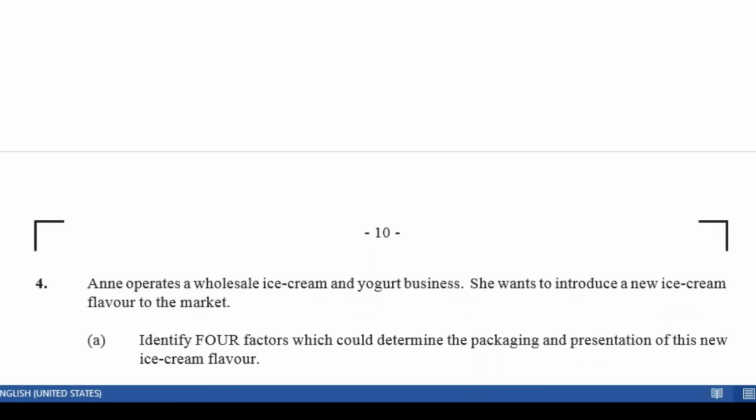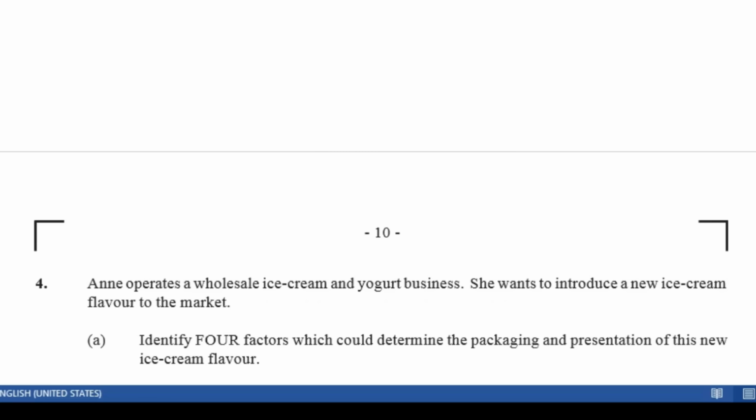Yes, remember there are 5 questions, so we're at question 4. Good. Anne operates a wholesale ice cream and yogurt business. She wants to introduce a new ice cream flavor to the market. Good. So she's already selling ice cream and yogurt, and so she's creating a new flavor. So A says, identify 4 factors which could determine the packaging and presentation of this new ice cream flavor.